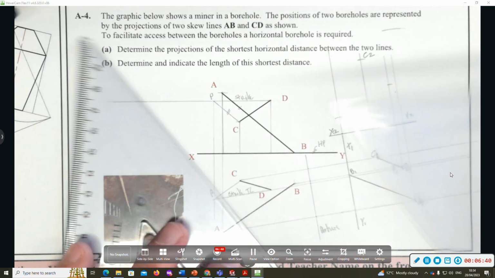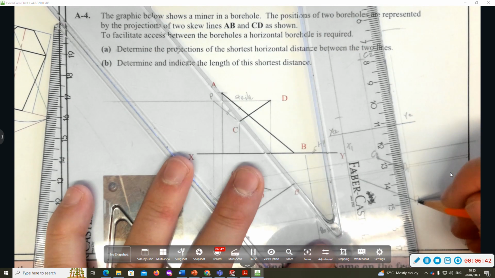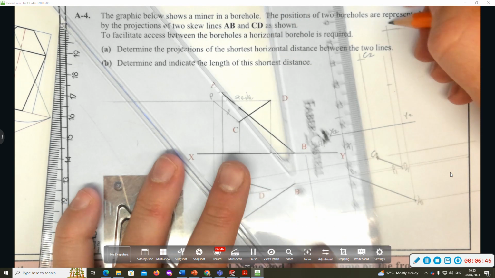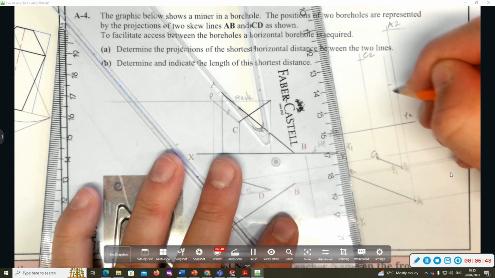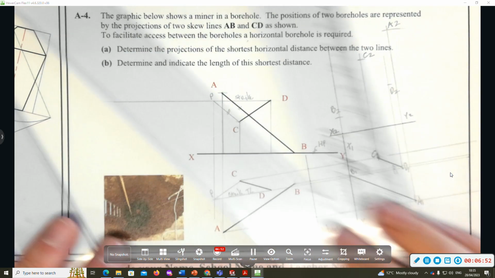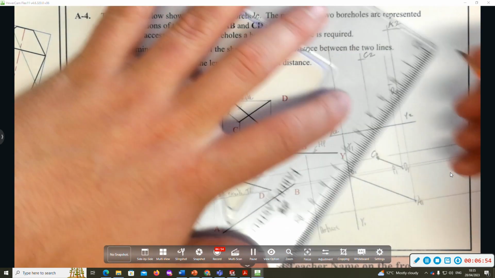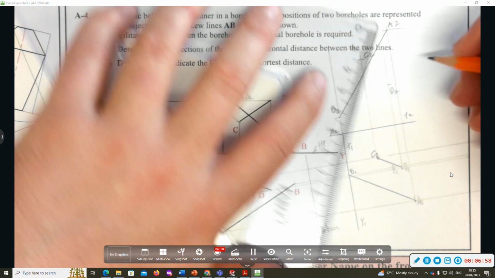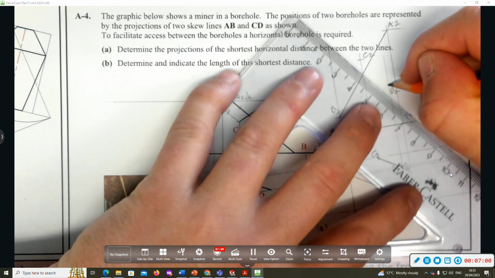So here's point A2, D2, and B2. So I'm going to join B2 to A2, and D2 to C2.